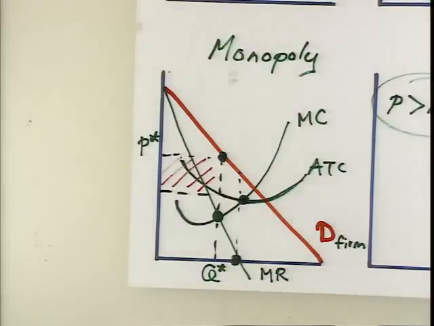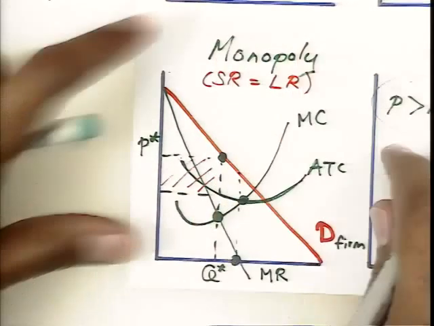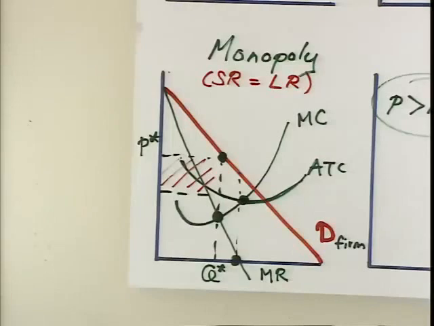If you have economic profits and you're a monopoly, you can keep them in the short run, you can keep them in the long run. If you're making losses, you would leave in the long run. If you're making profits, no one can enter the market, you can keep those profits in the long run as well.